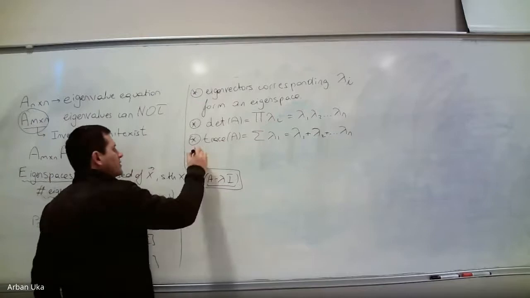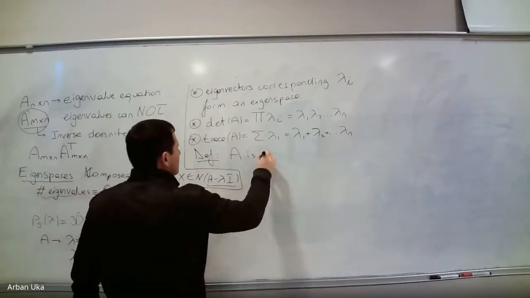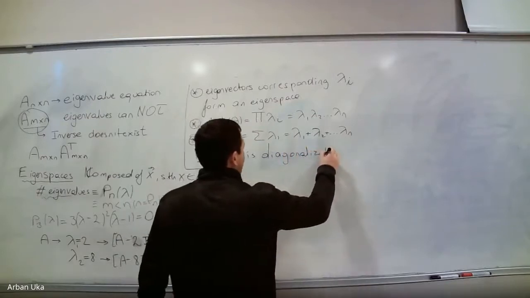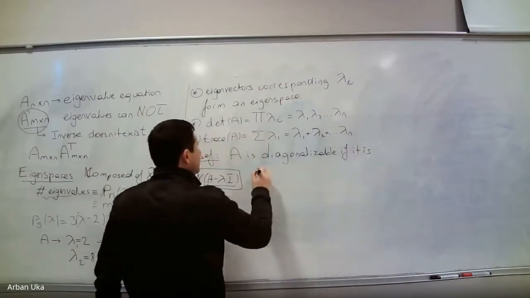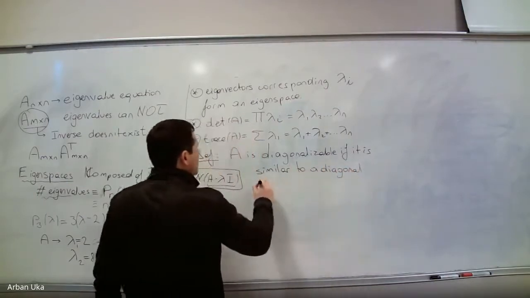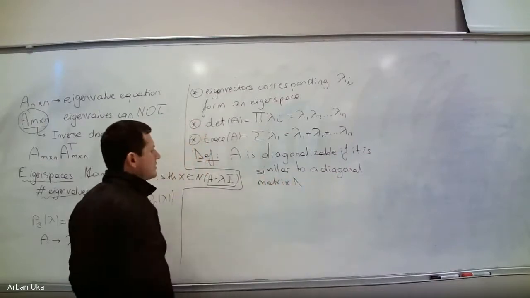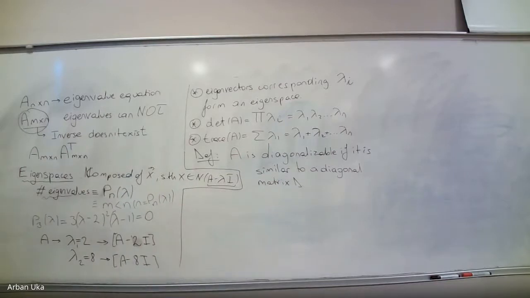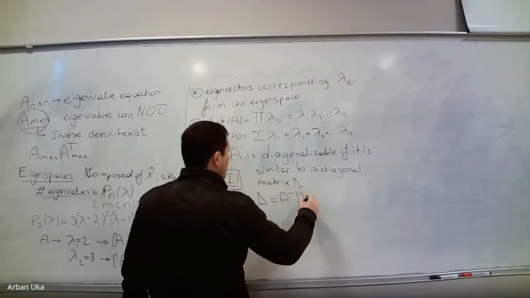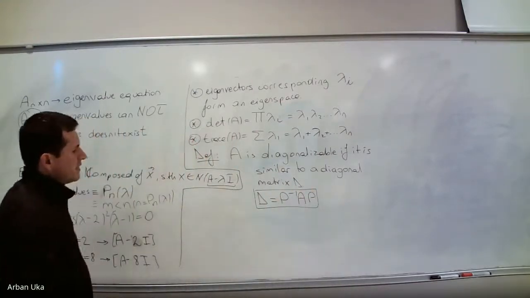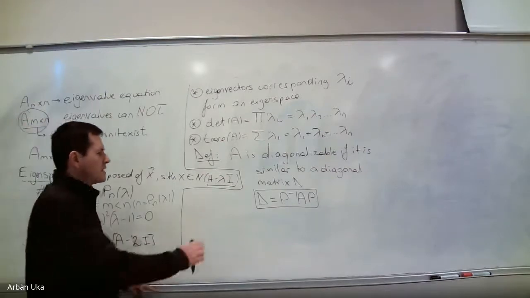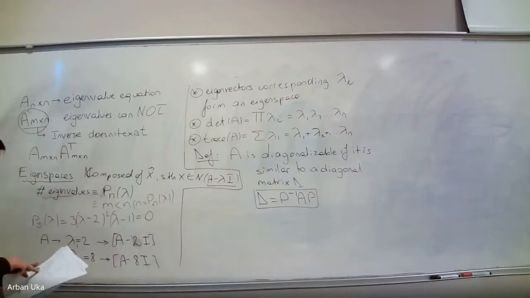The definition states that A is diagonalizable if it is similar to a diagonal matrix D. Being similar to a diagonal matrix D means that D can be written as P inverse times A times P. So in order to have this possibility, we should be able to find a matrix P which is invertible, and these two satisfy this condition.